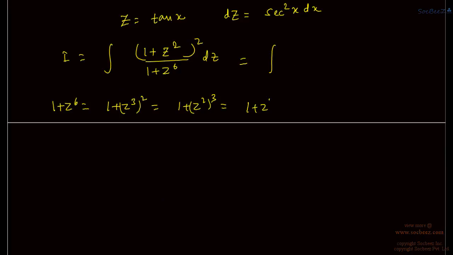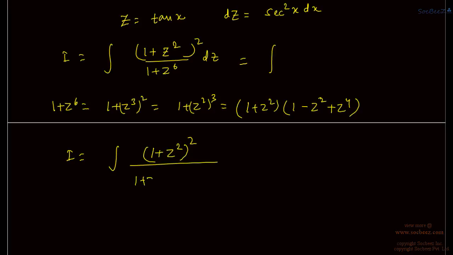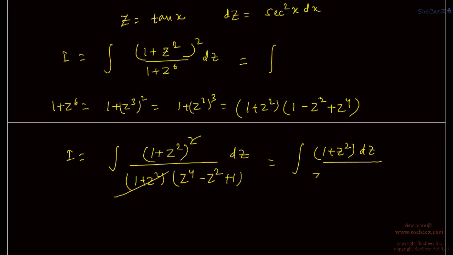So this can be written as 1 plus z square into 1 minus z square plus z to the power 4, right? So this integral I can be written as 1 plus z square upon 1 plus z square into z to the power 4 minus z square plus 1, dz. Okay. So this and this will be getting cancelled, and we are getting the integral of 1 plus z square dz upon z to the power 4 minus z square plus 1.